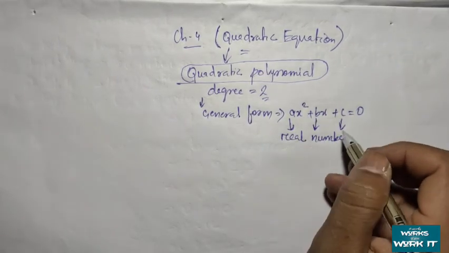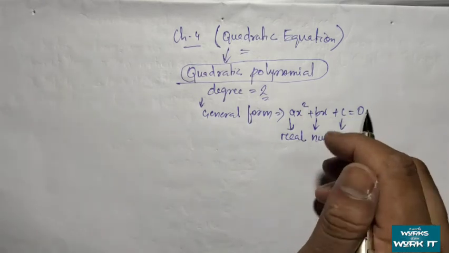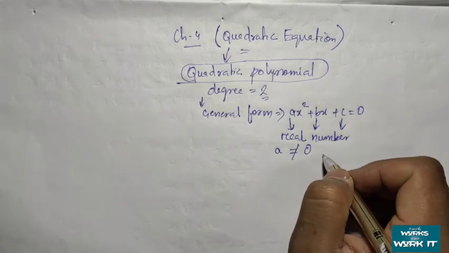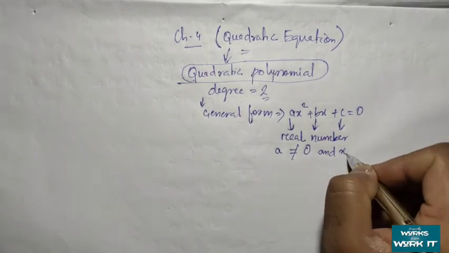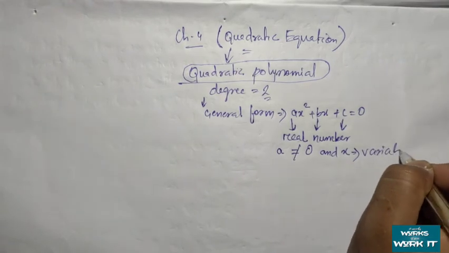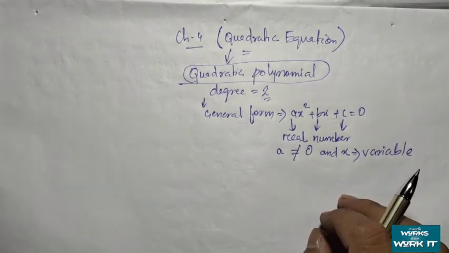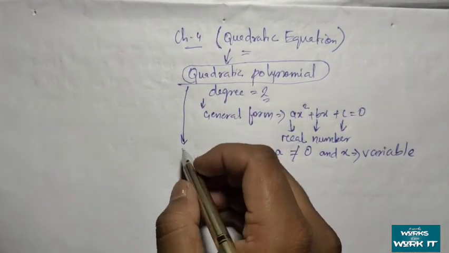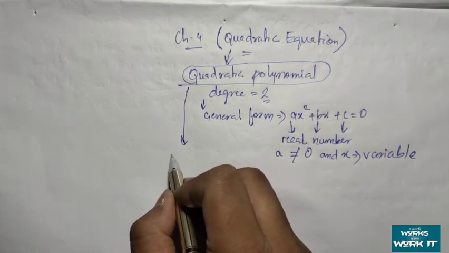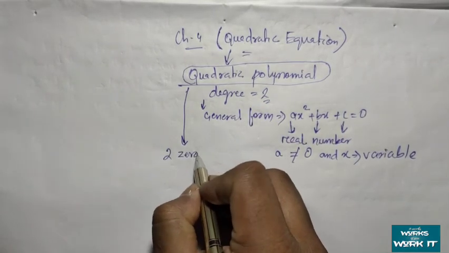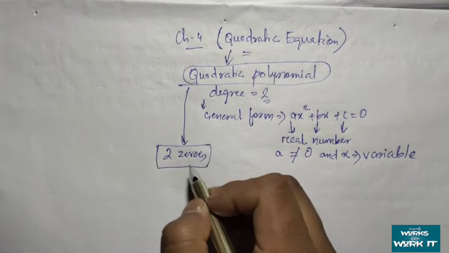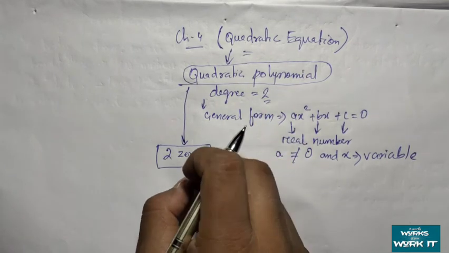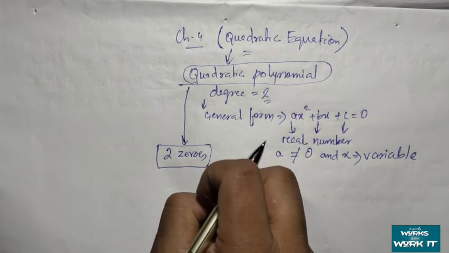In such a case a will never be 0, and x here is representing a variable. A quadratic polynomial can have at the most 2 zeros. This we have got in chapter 2, where we dealt with quadratic polynomials and got at most 2 zeros.